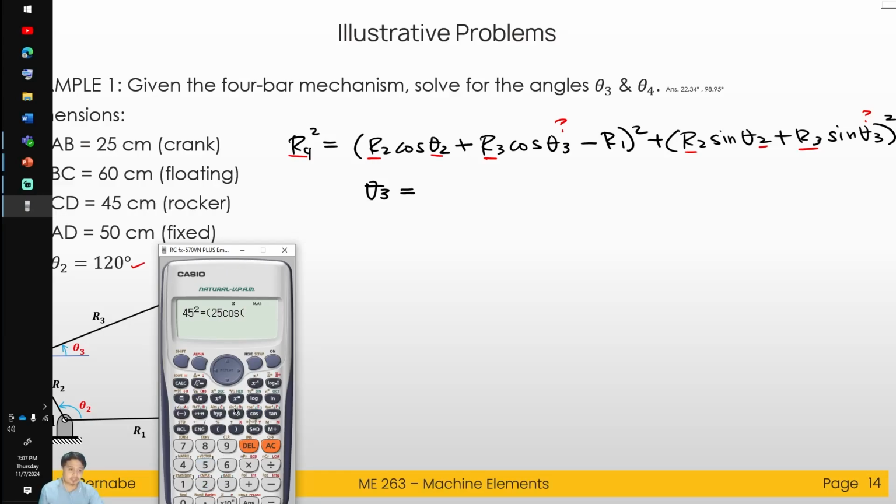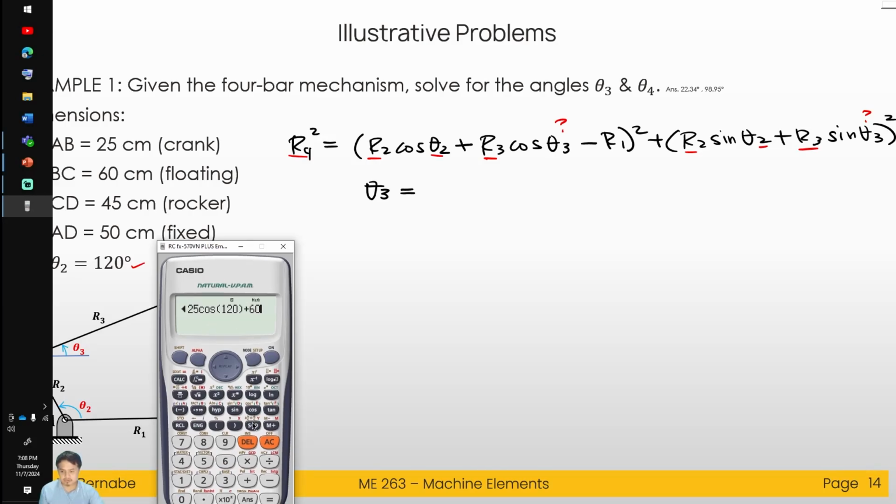Be wary if it is in degrees or radians. Since it is given in degrees, it is in degrees: 120. And then plus R3. R3 is 60, cosine x, so theta 3 is unknown. And then R1, which is 50. Then square this.